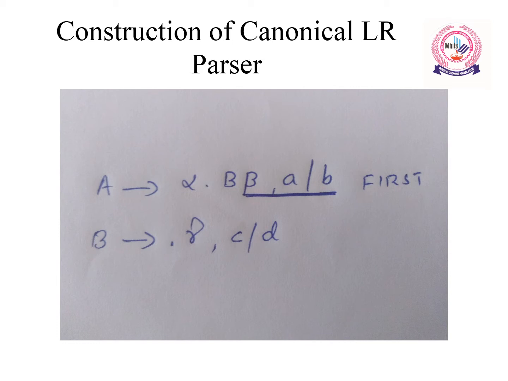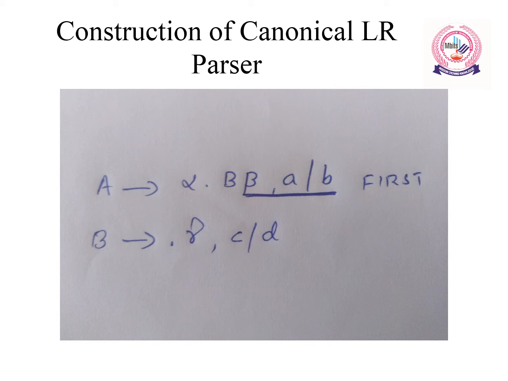Then, according to the closure property of dot B in the first production, the B production can be written as B gives dot gamma. And we need to identify the lookahead corresponding to that production. Here it is given as c or d.